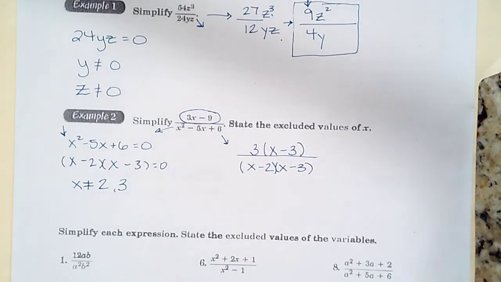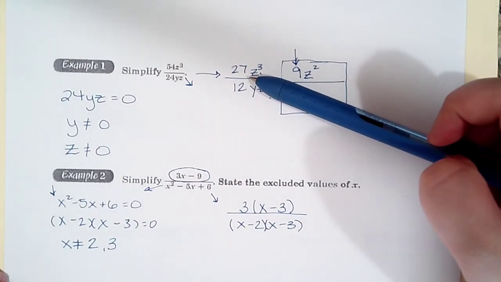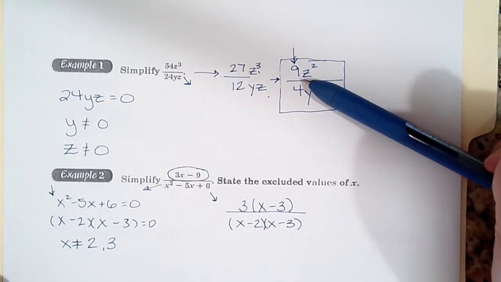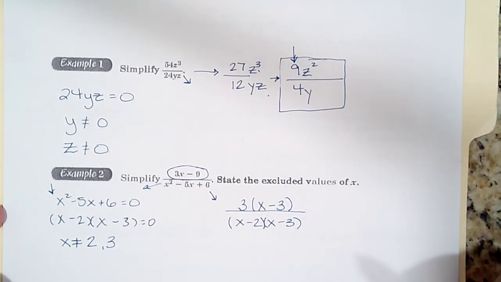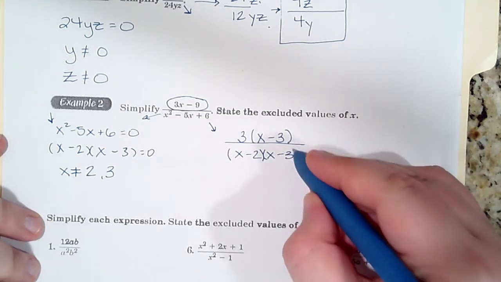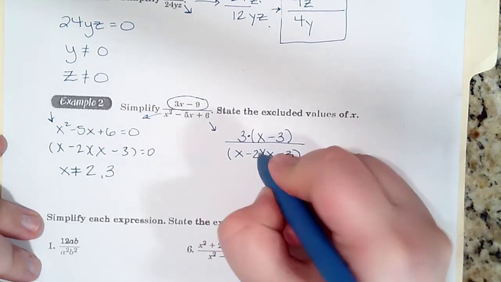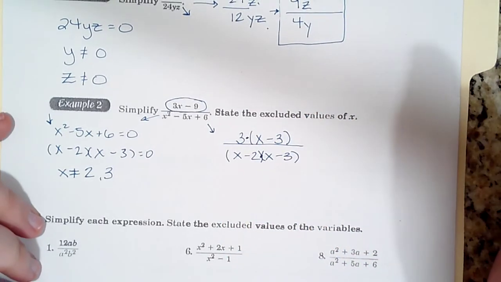Now, remember, the same way that I took a 2 as a GCF out of this and a 3 as a GCF out of my second fraction, notice that these technically have an x minus 3 divided by an x minus 3. When we divide anything by itself, because there's multiplication in the middle of these, dividing anything by itself results in a 1.